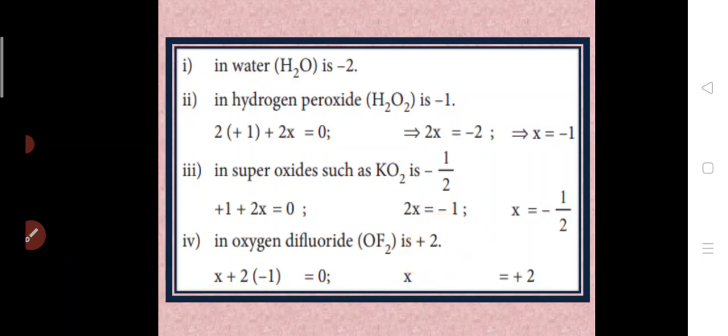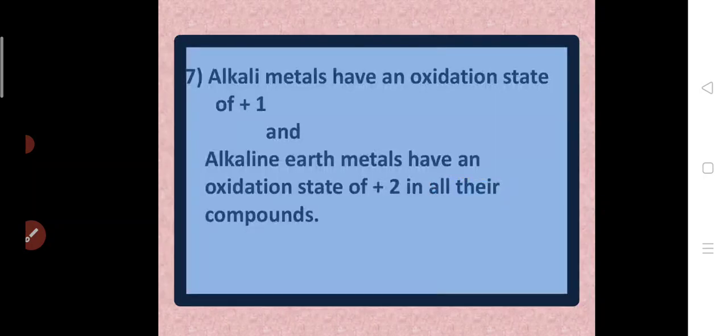This is superoxide, which is -1/2. In hydrogen peroxide it is -1. In normal oxygen, as in water, it is -2. You can calculate and check that.